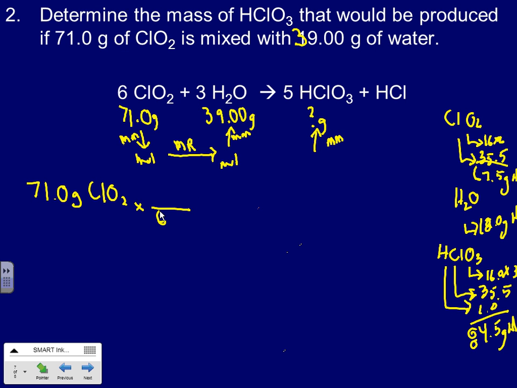I've got to put the mass on the bottom with moles on the top. We've done this over and over again. Mole ratio, what's on the bottom? 6 ClO2 for every 3 H2O. For the last conversion factor, we need the mass on the top in order to get grams as our answer.